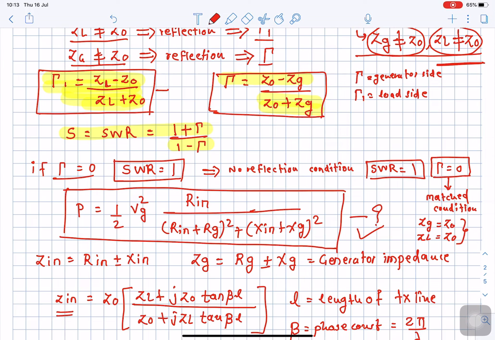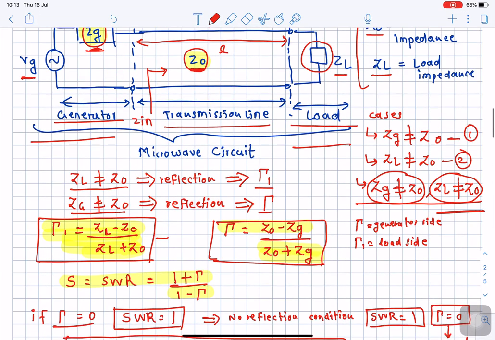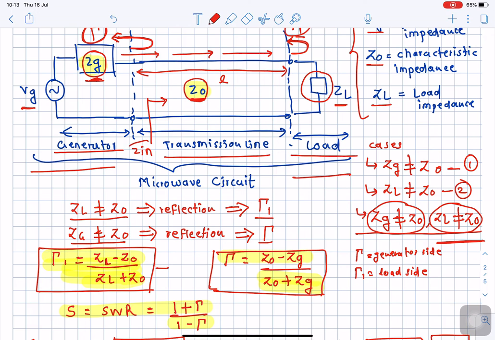It is 1/2 times generator voltage squared multiplied by R in, divided by this whole term. Here we consider the input impedance Z in. Please remember this input impedance Z in is indicated over here.